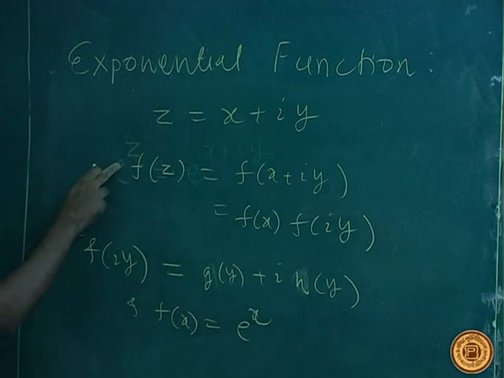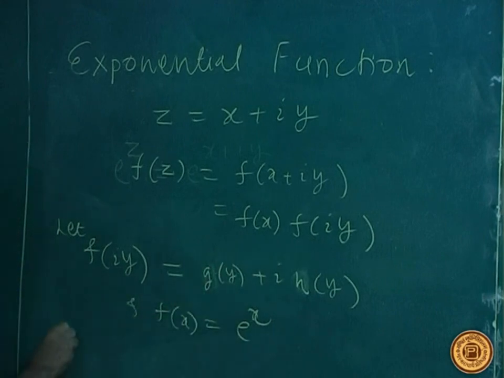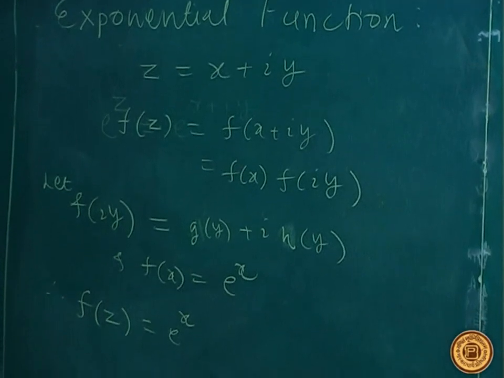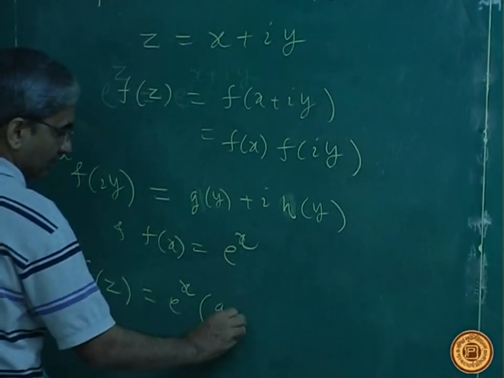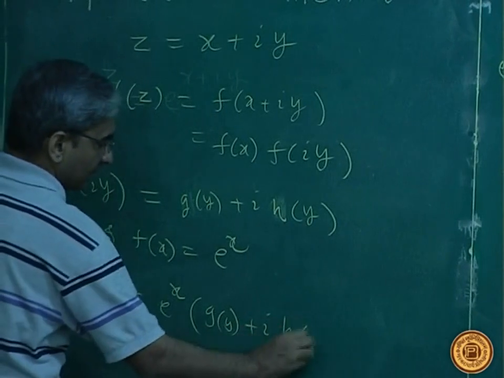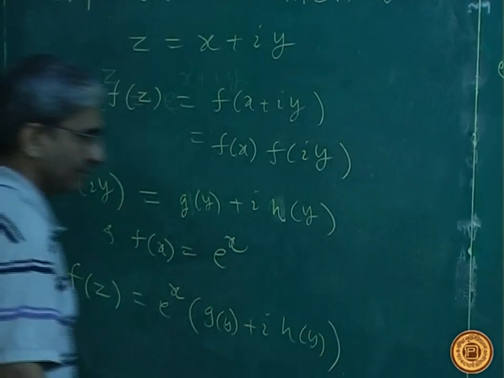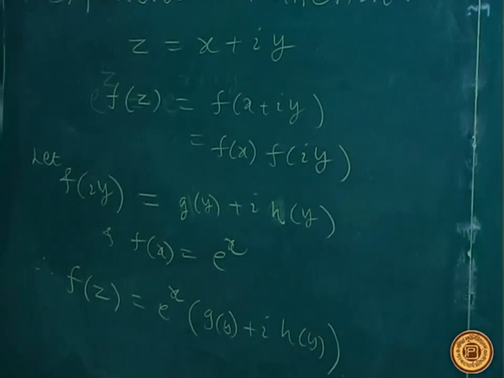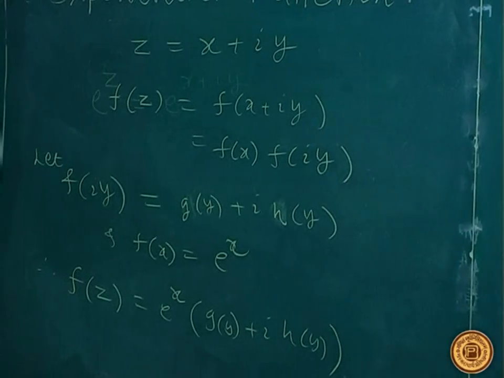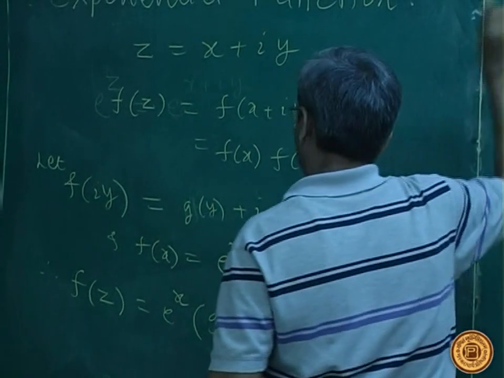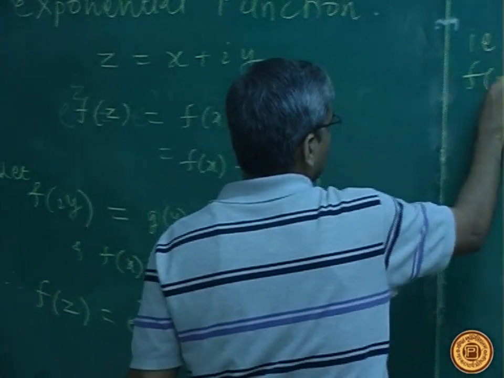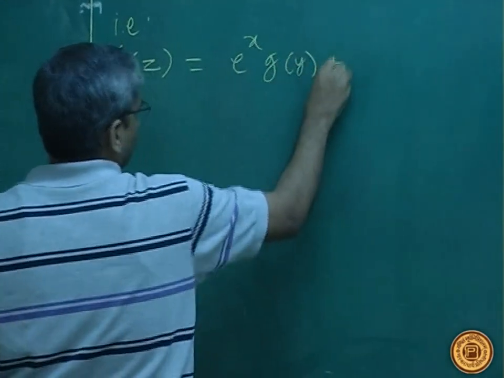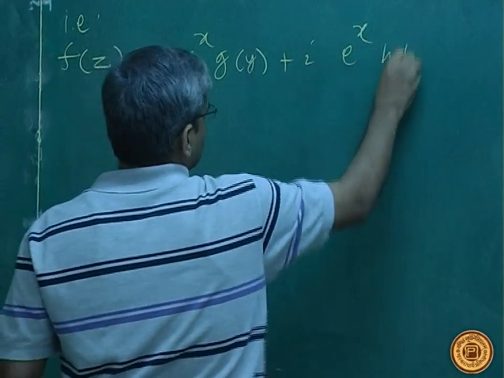So what f(z) becomes now, if I substitute f(x) and f(iy), is e to the power x into g(y) + i h(y). That is, f(z) = e^x g(y) + i e^x h(y).